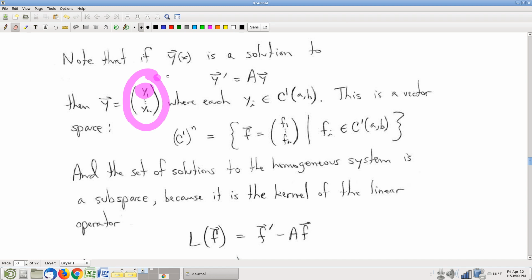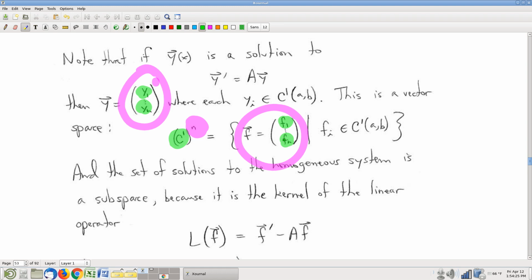And in fact, seeing as it's an ordered list, we can think of this in the same sense that an ordered list of reals is a vector in Rn. Likewise, an ordered list of functions in a certain category, I claim that these functions are all C1. An ordered list of C1 functions, you can think of it as an element of this thing called C1 to the n.